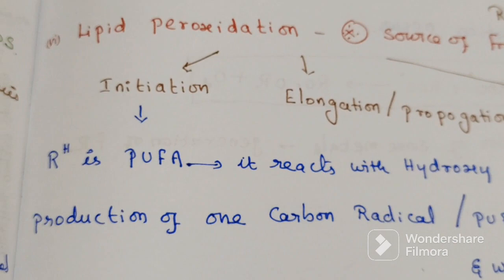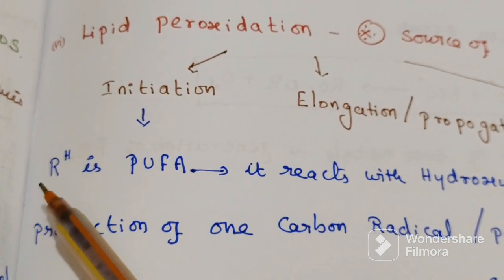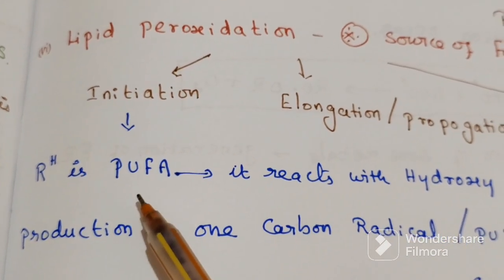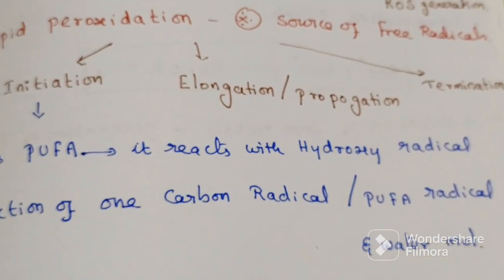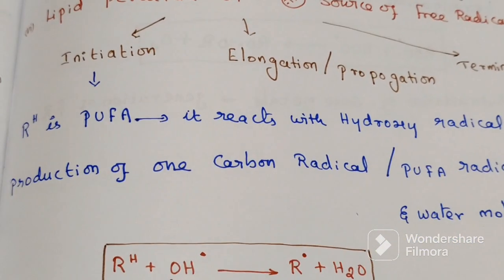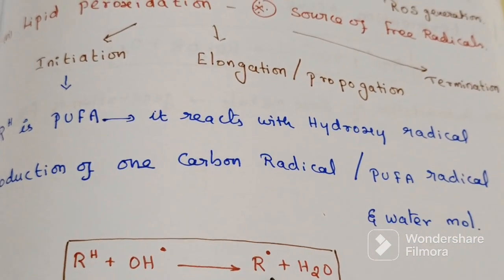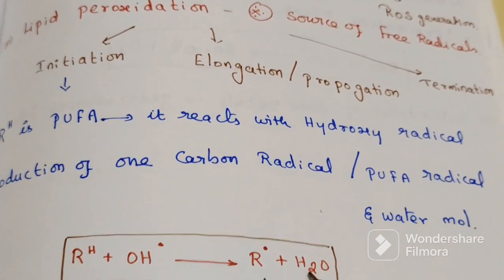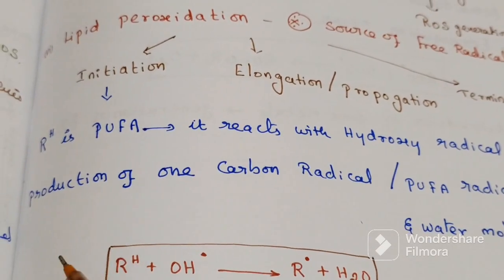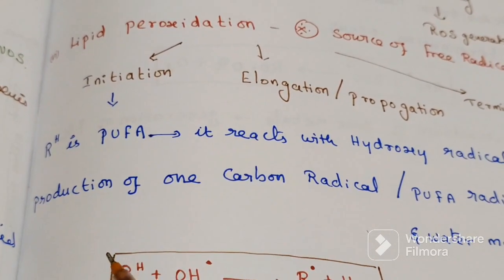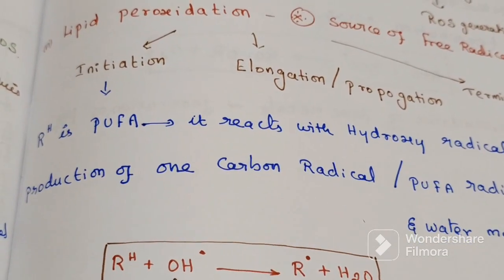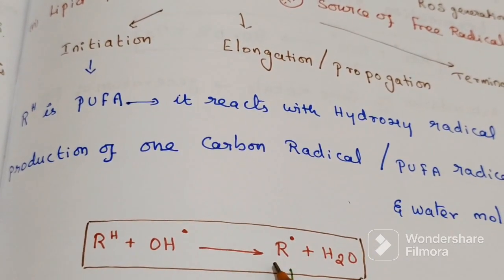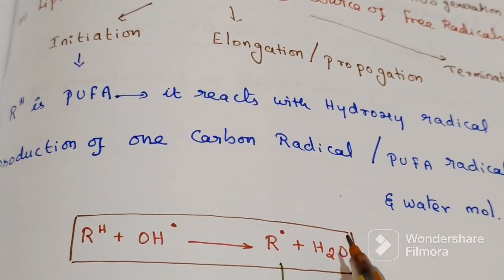What happens in the initiation stage? This RH is PUFA, polyunsaturated fatty acid. When it reacts with the hydroxy radical, there is production of a carbon radical, or PUFA radical, and water molecules.